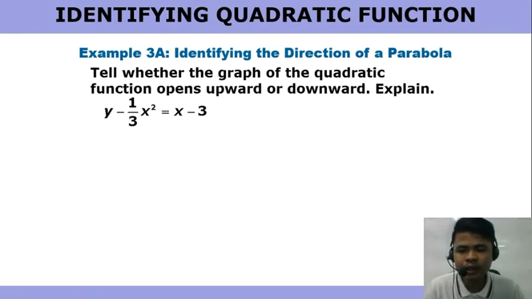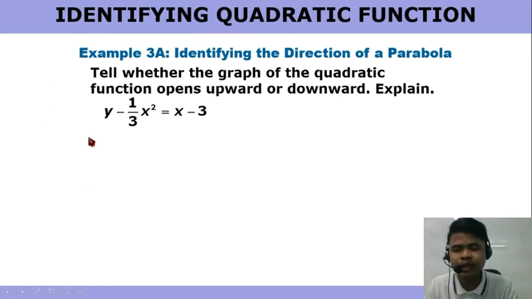So, here, the given function is y minus 1/3 x squared equals x minus 3. So, here, kailangan muna nating gawing standard form ang function, para malaman natin kung saan mag-open yung parabola.